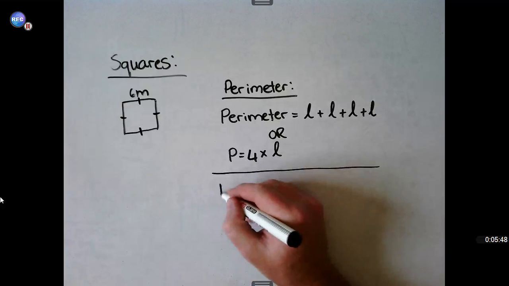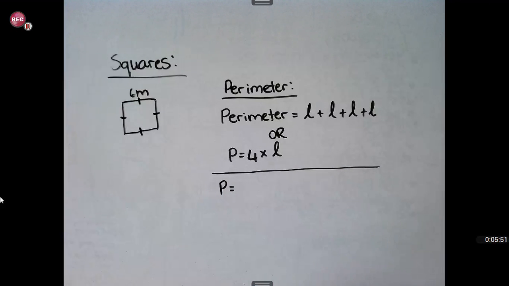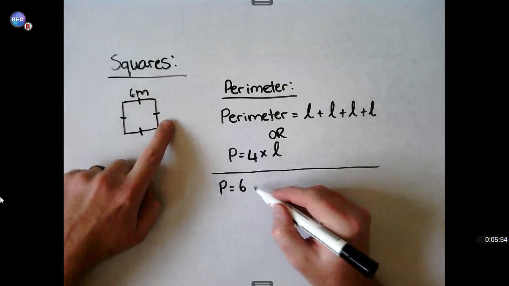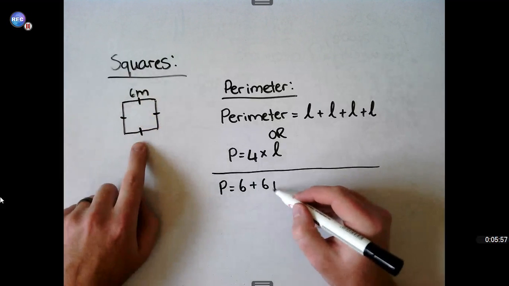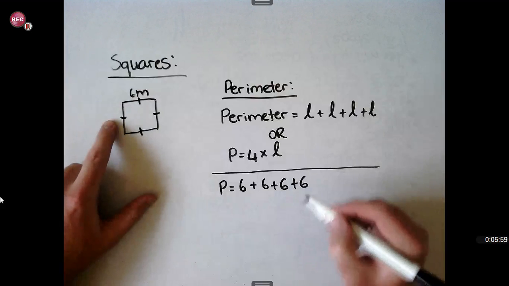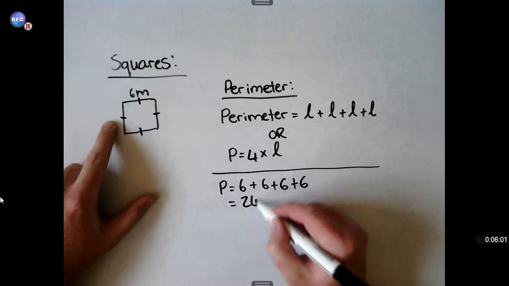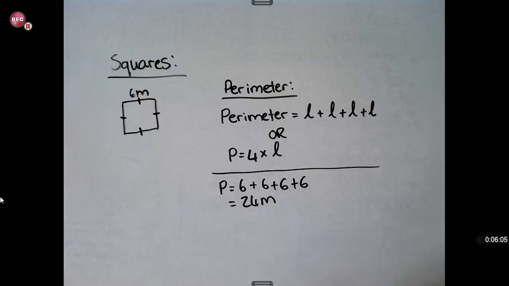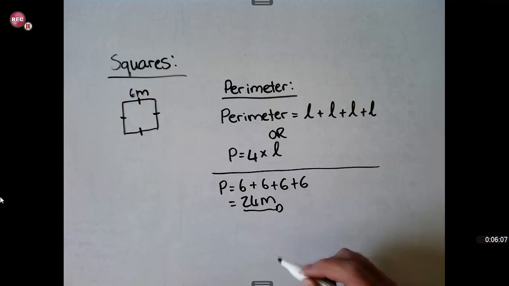So for the first one, and this would be the primary school method, we would say 6 plus 6, because they're all the same, plus 6 plus 6. And that would all be equal to 24 meters, because that's the unit of measurement that was given to you to work with.